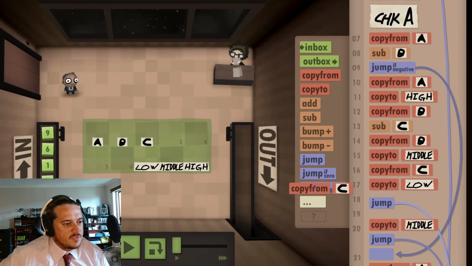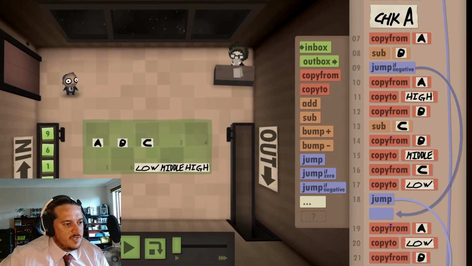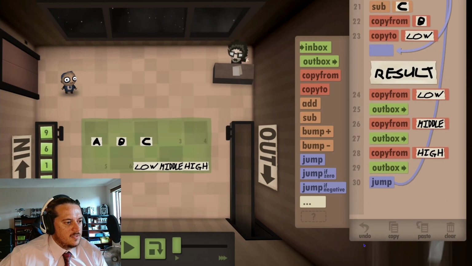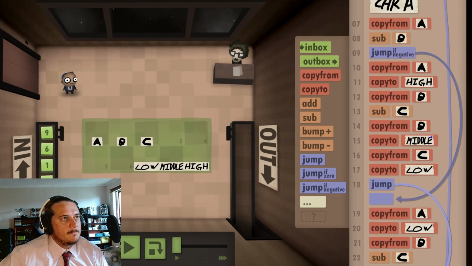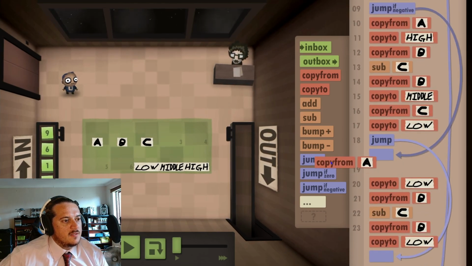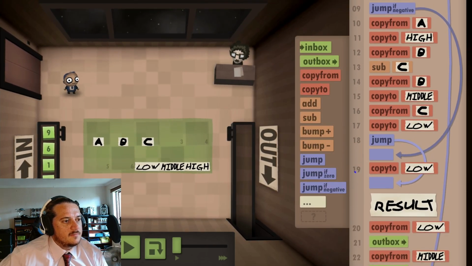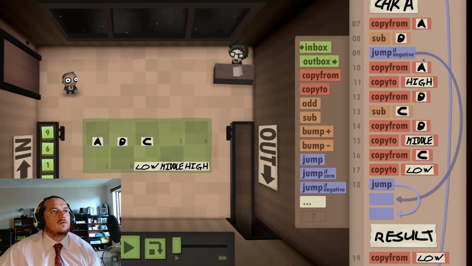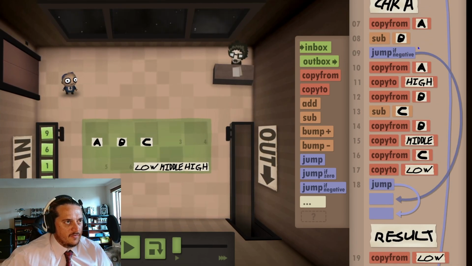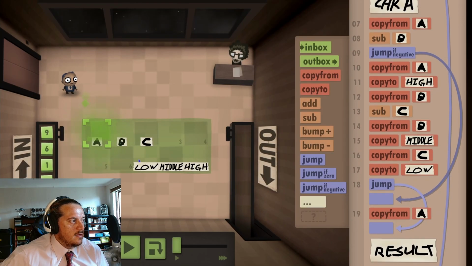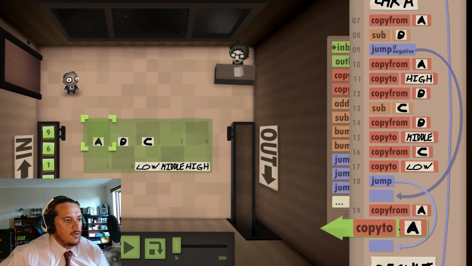Let's get rid of all this additional stuff that I put here, but I don't need it. All wrong. Oops. Alright. So now if the first check is negative, I'm going to make A low.